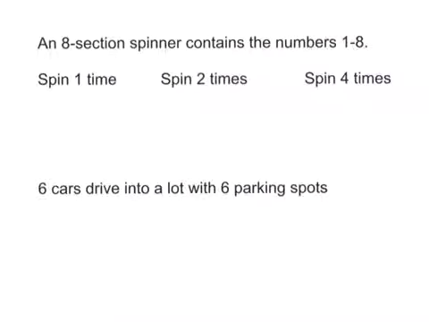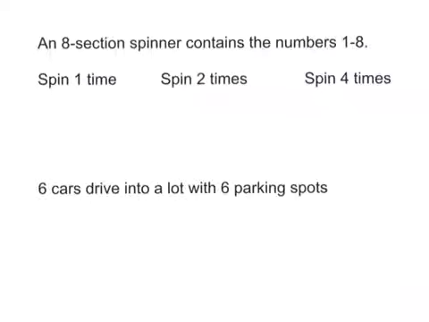Okay, in these examples, we're going to use that fundamental counting principle to help us determine the number of outcomes in our sample space. So, this first set of examples says there's an 8-section spinner containing the numbers 1 through 8.